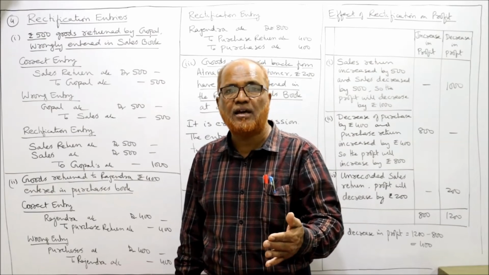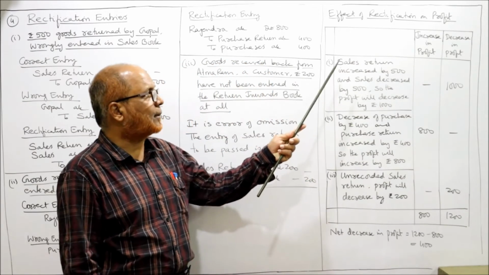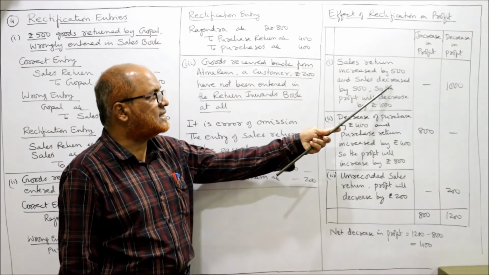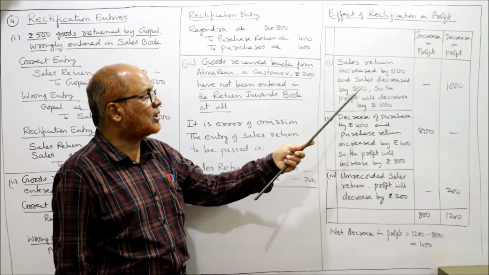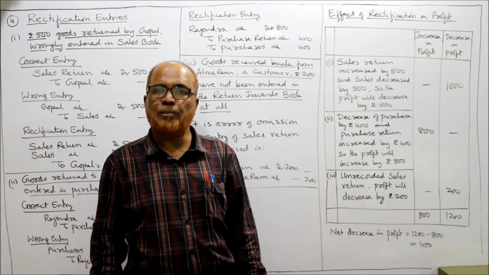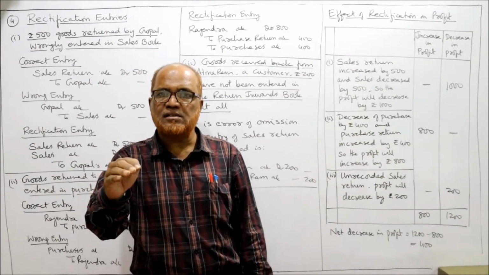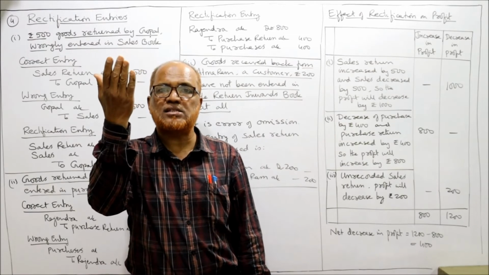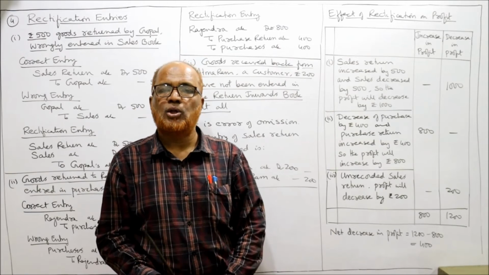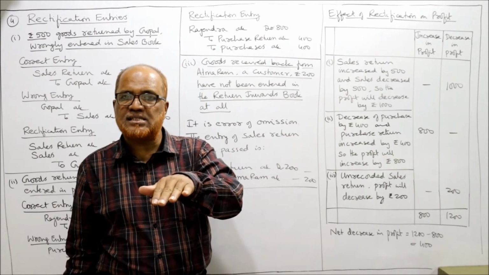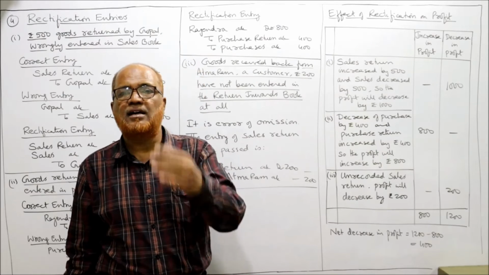So what is the effect on profits here? Sales return increased by 500 and sales decreased by 500. So the profit will decrease by 1,000 rupees. Sales decrease, so profit will also decrease. Sales return increase, profit will decrease. The profit will decrease in both situations, when sales decreases and sales return increases.